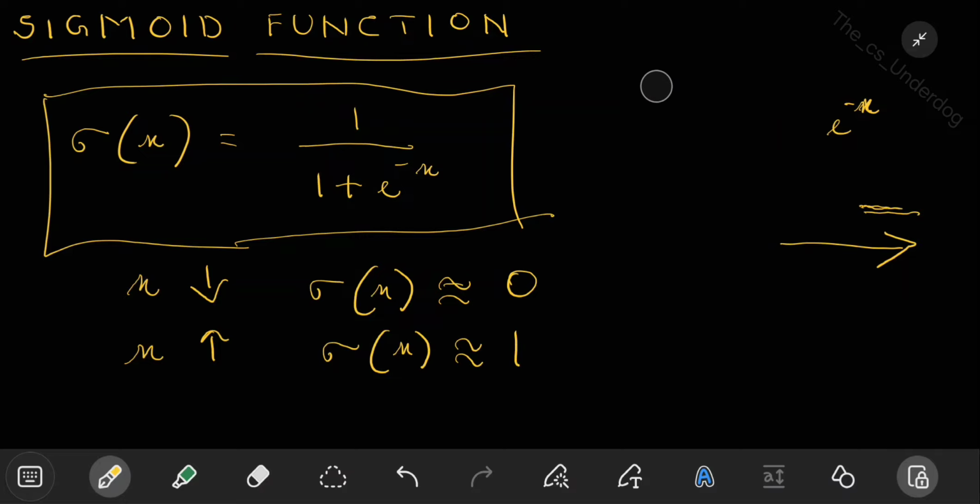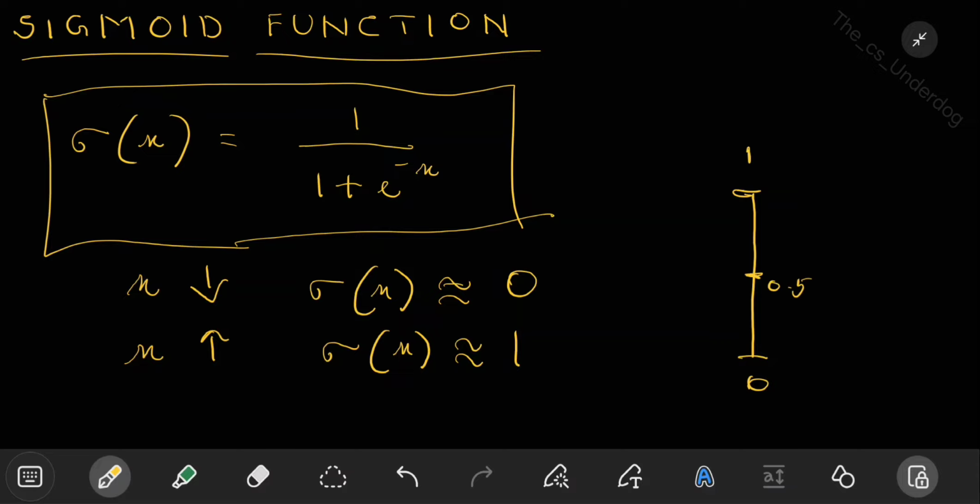Now let us see how the graph of the sigmoid function looks like. Let's say this point is 0, this point is 1, and here it is 0.5. Then the graph of the sigmoid function will look like this. Initially, when the value of x is very small, it will be close to 0.